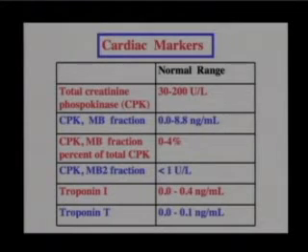I'm not sure for NCLEX that you have to memorize all of these numbers, but I thought I would give them to you. The CPK, total creatinine phosphokinase, normal range is in the 30 to 200 units per liter. CPK, particularly the MB band or the MB fraction, is a very important one because this is the part of CPK that tends to rise with an MI.